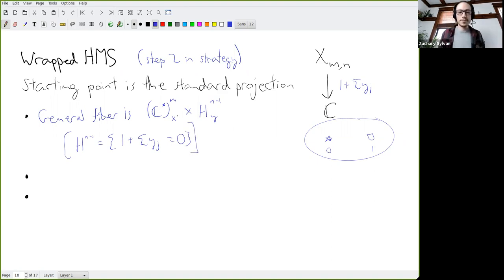That's my pair of pants. So in the general fiber, the x's give us (C star)^m and the y's give us a pair of pants. So at 0 we have a singular fiber.